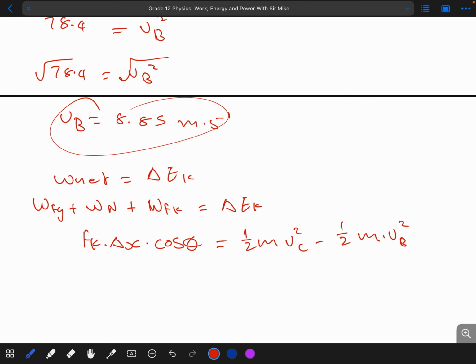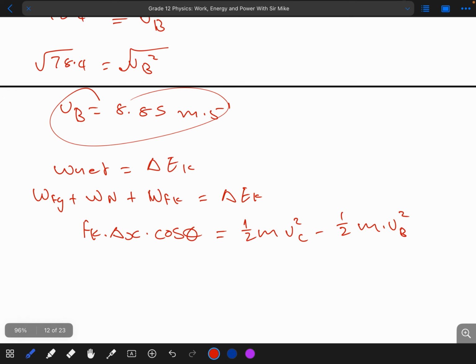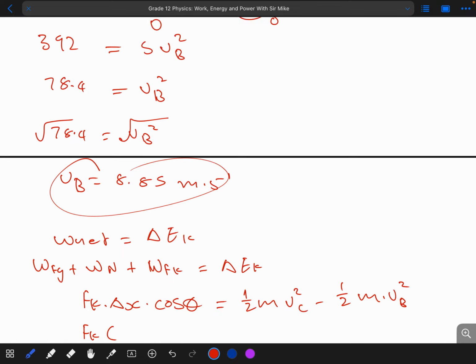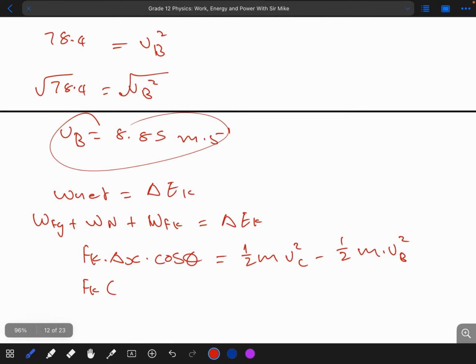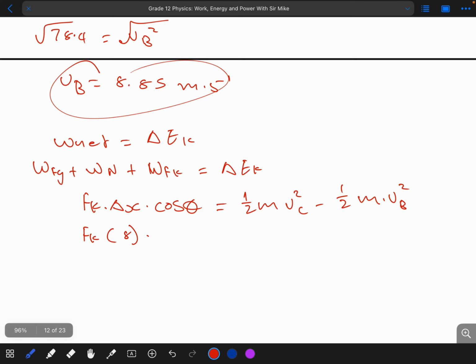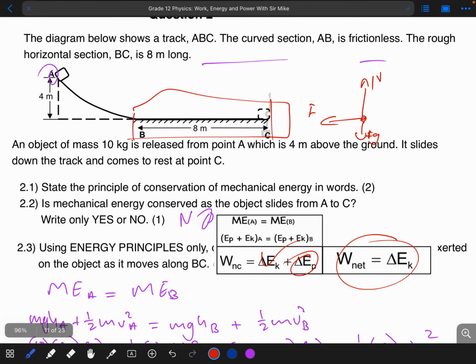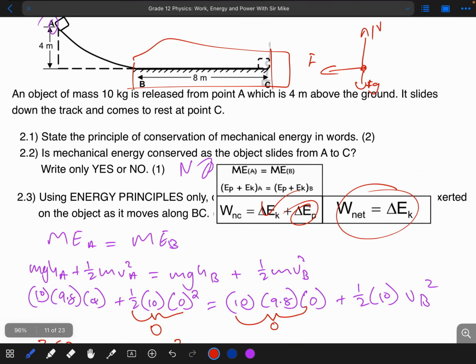What we can now do is substitute our values. We are looking for Fk multiplied by the displacement, which is 8, multiplied by the cos of theta. Remember that theta is the angle between the direction of the displacement and the direction of the frictional force.